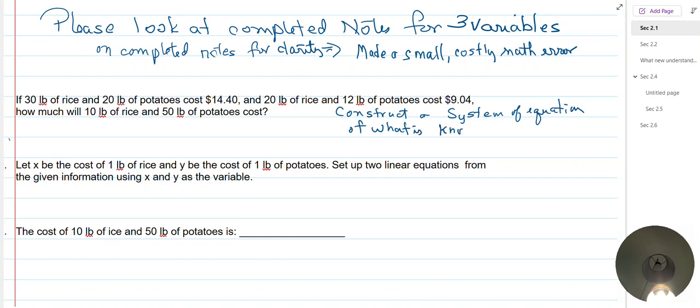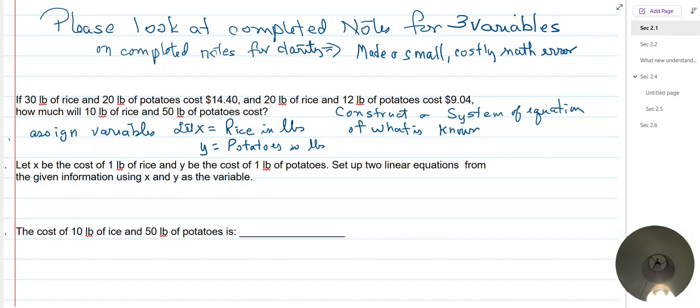To do that, we have to assign variables. Okay, so we're going to let x equal rice amount, in pounds, and y equal potatoes in pounds.